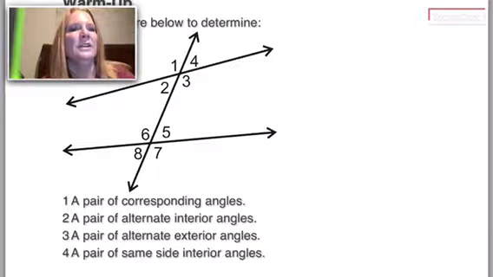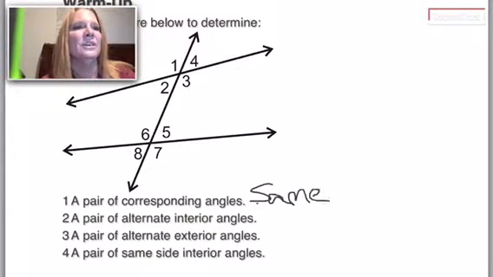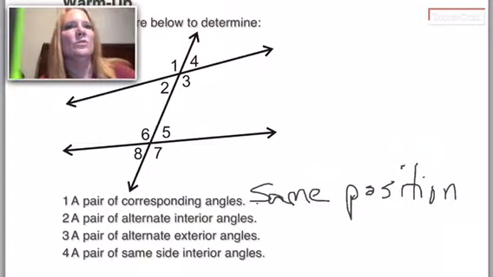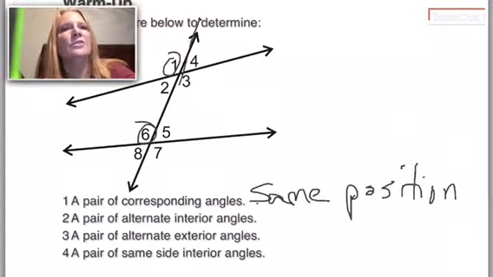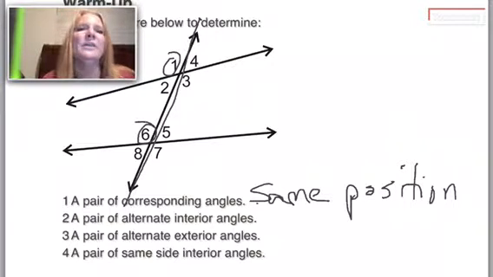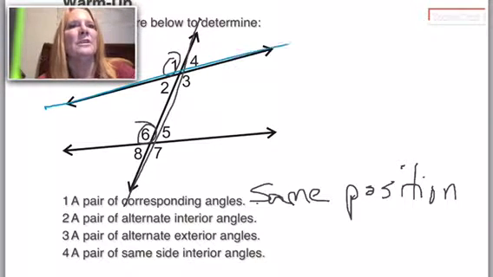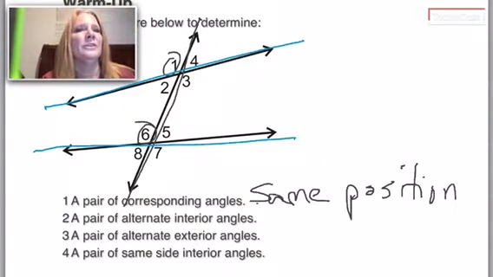Remember, the corresponding angles are the angles that we say are in the same position. So same position, that would be angles 1 and 6. Now, because we have this transversal, we can name the angle pairs, but we don't know anything about their measure because the two lines that are intersected by the transversal are not parallel, but those are still corresponding angles.